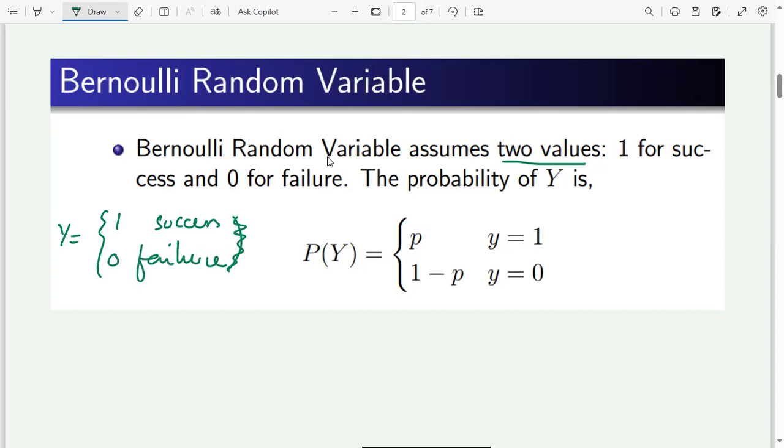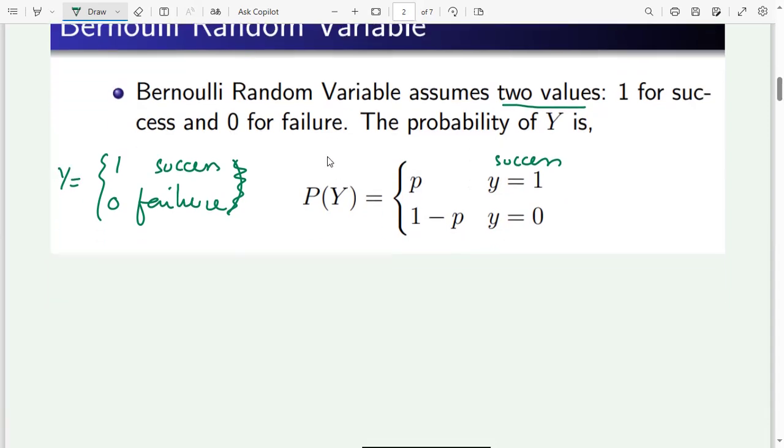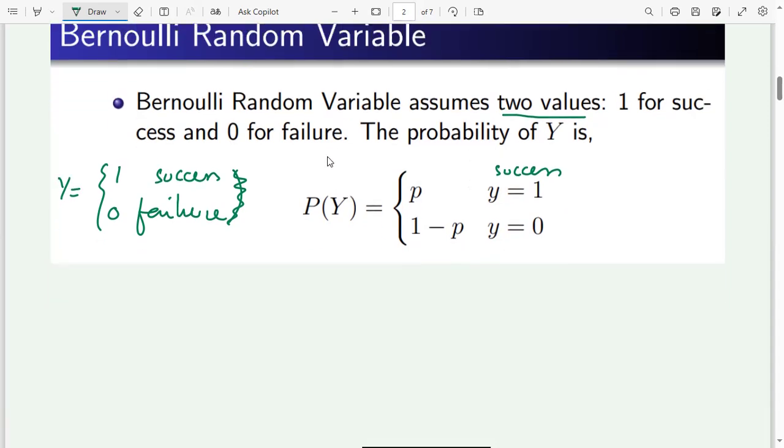And I would say that success and failure are relative. For example, if we are modeling a cancer problem, then success would be finding out whether a person has cancer or not. Probability of success, or y equal to 1, is p, and probability of failure is 1 minus p. Where can we use this distribution?